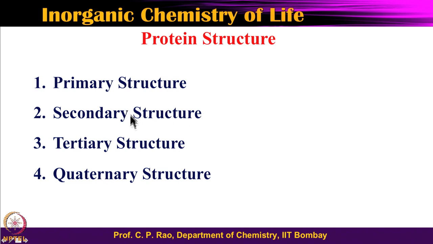And such structural rearrangements taking shape in the entire protein, so that the protein takes a topological structure, is called the tertiary structure. Such tertiary structured units join together in a particular symmetry or symmetry element to result in a quaternary structure. I will again explain these things as we keep going through the next few slides.